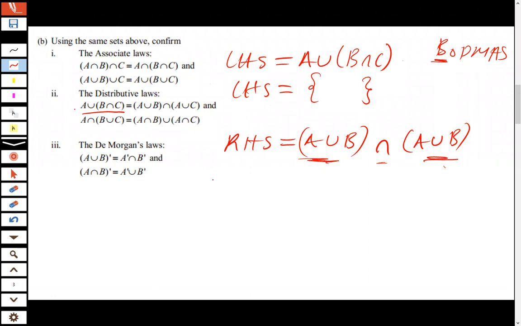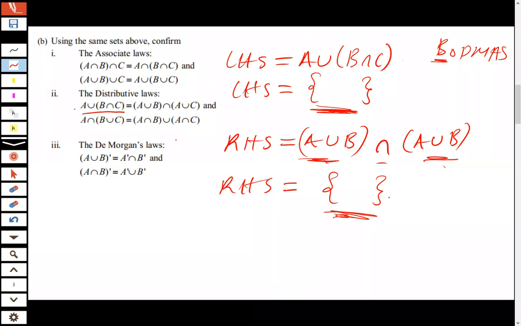When you find your right-hand side, it should also give you the same answer as the left-hand side. Whatever you find here should be exactly what you find there. Yeah, so that's what you do.